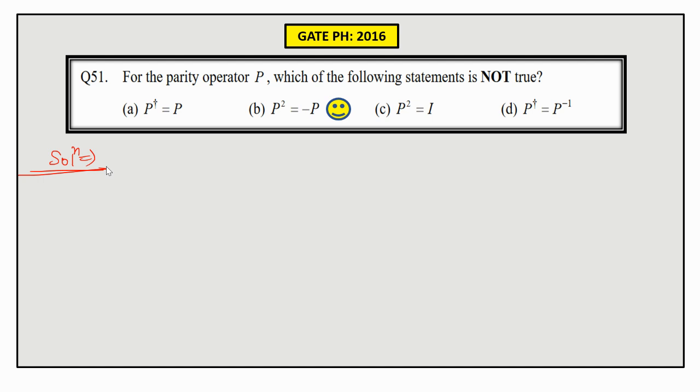Am I audible? Okay. I'm telling you, all of you at least give a try and tell me why B is not a correct statement for the parity operator.